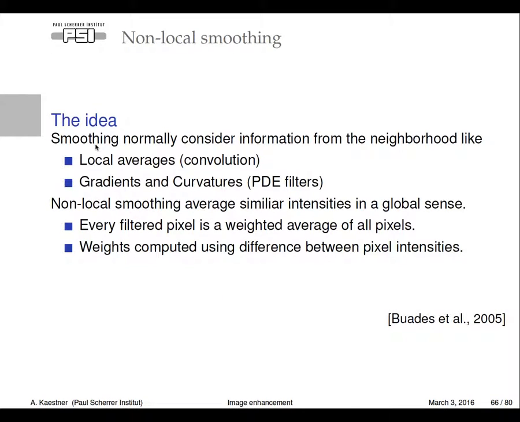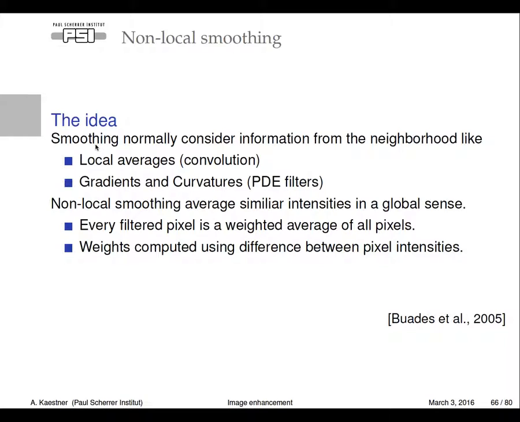A new thing that started developing, a pretty fascinating idea actually, is this. Normally when you do smoothing, no matter how you do it, the things I showed you until now work on the neighborhood of a pixel and do some filtering on that. For the convolution, you look at local averages, so that's what we looked at before.